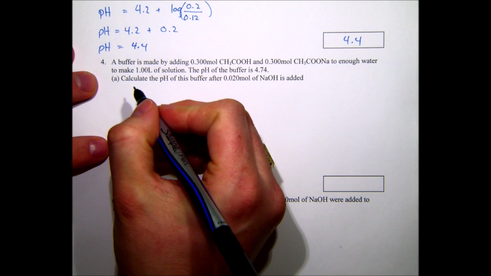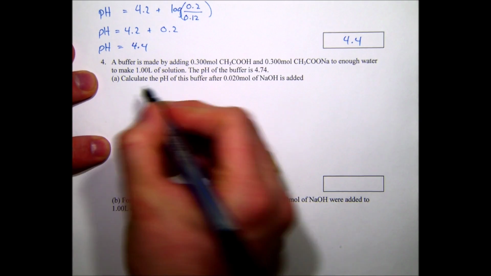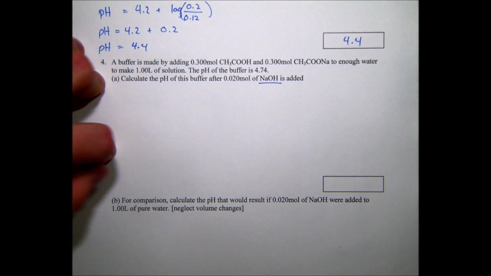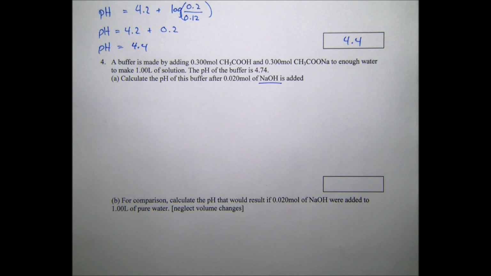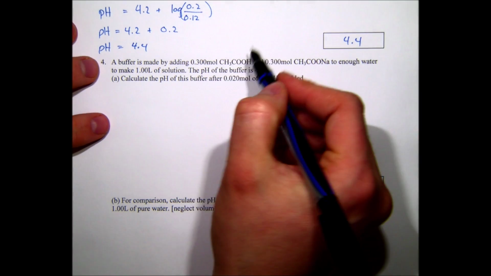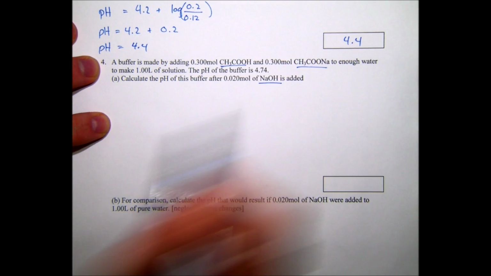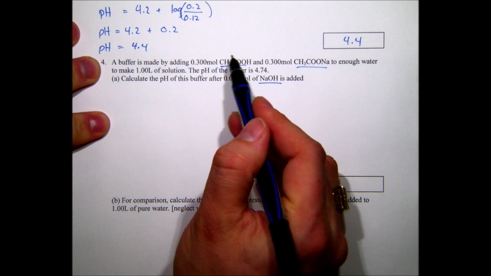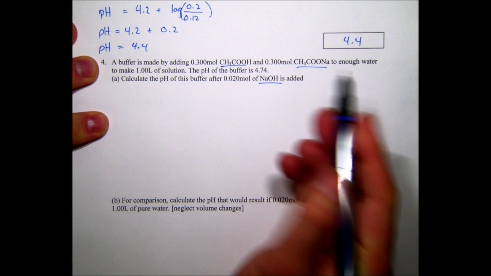So when you add NaOH, you are adding a base. There's hydroxide in it. So that means it's going to deal with the acidic part of the buffer. Now you have two species to choose from. You have acetic acid and sodium acetate. So obviously acetic acid is going to be the acid.